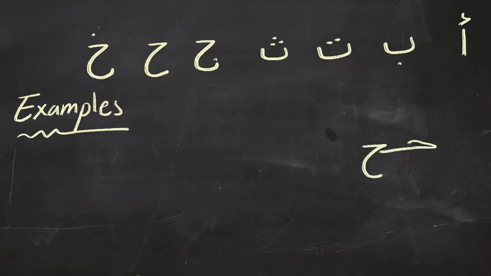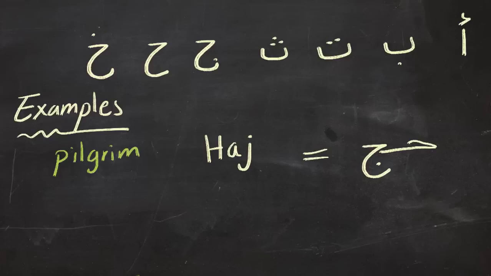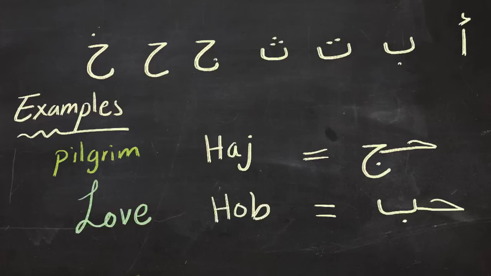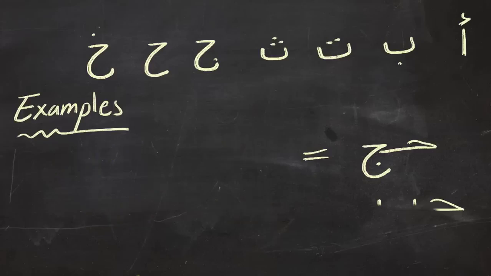So, first example is Hajj. Hajj means pilgrimage, as you can see. Next word is Hubb. Hubb. And that means love. Now, let's have a look at another set of examples.